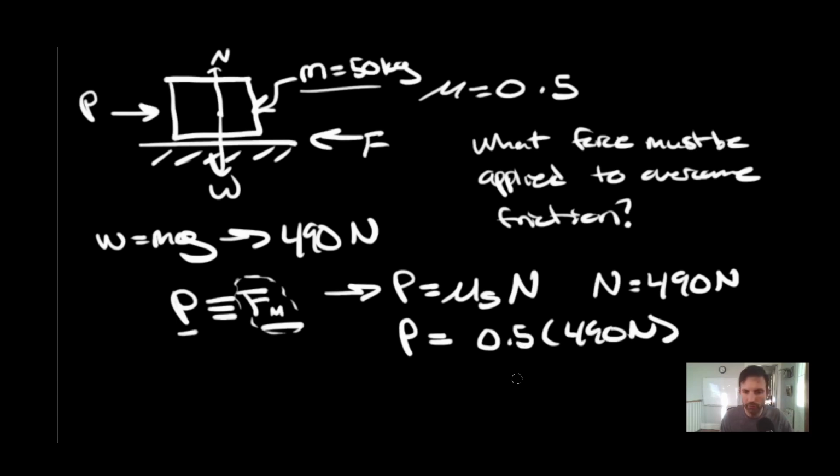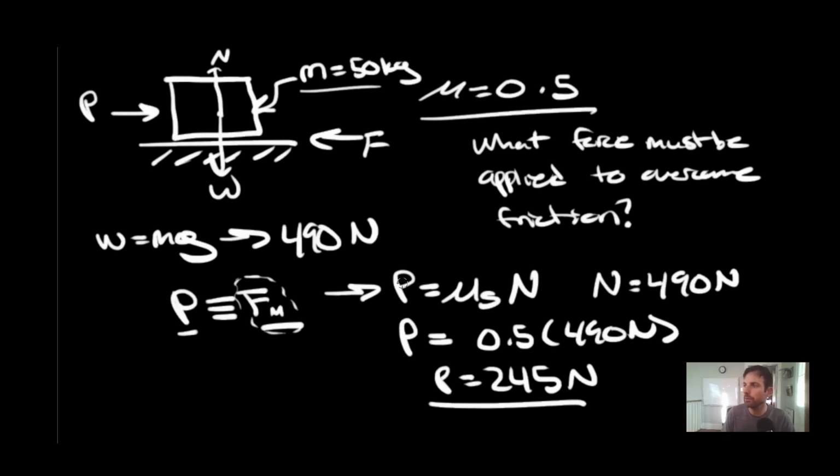And what is it, 245? So P equals 245 newtons. And that will be the force it takes to get the block started moving based on that coefficient of friction. Right? So that's how friction works in a basic static example with a flat surface.